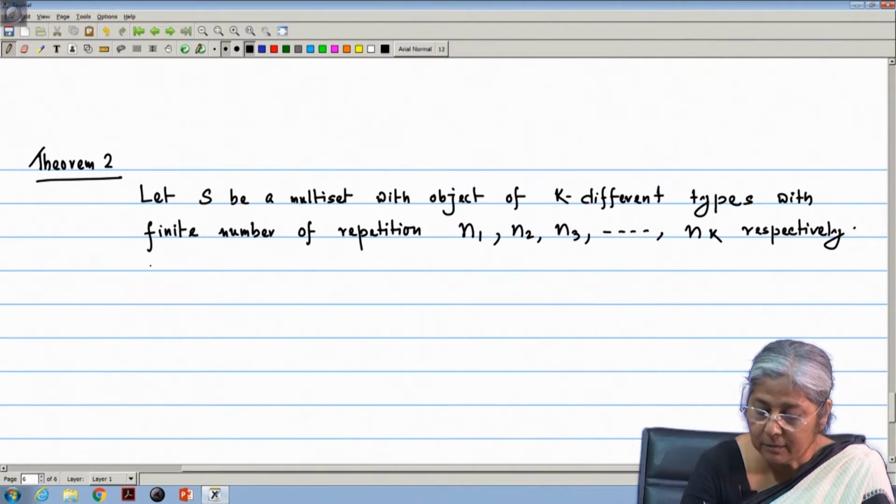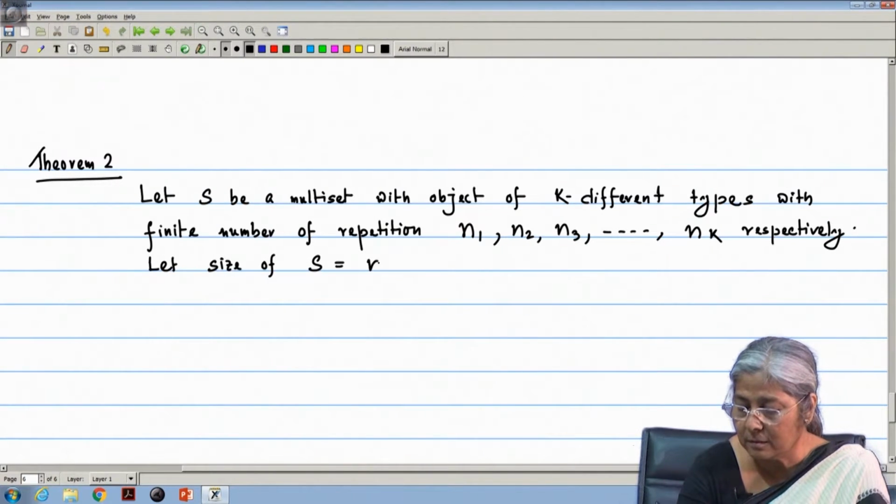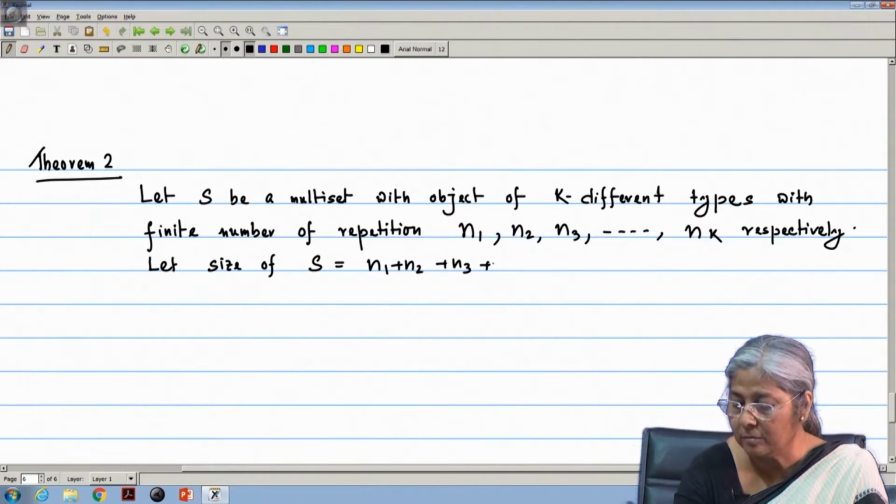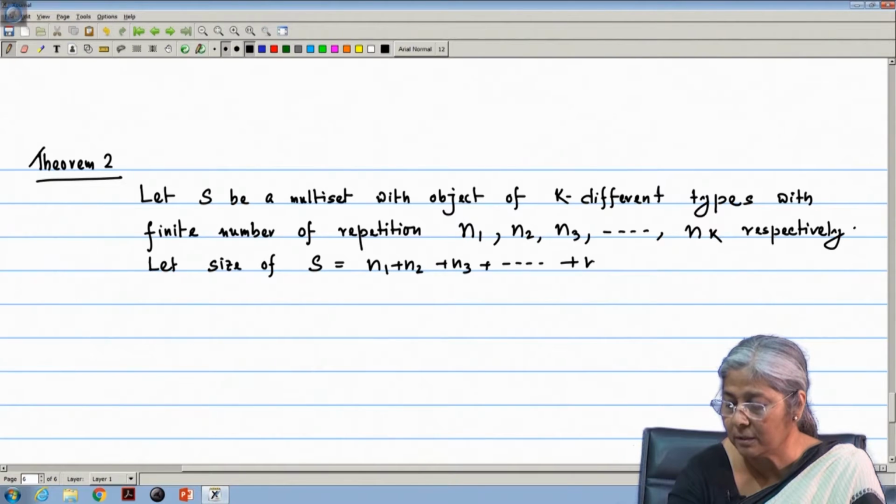We consider that the size of S is n, equal to n1 plus n2 plus n3 plus nk.